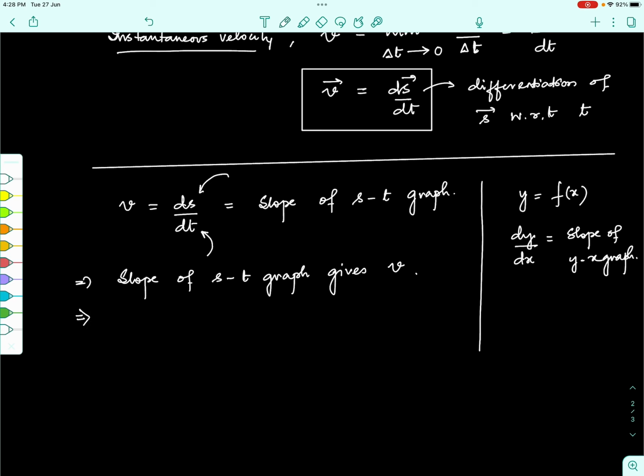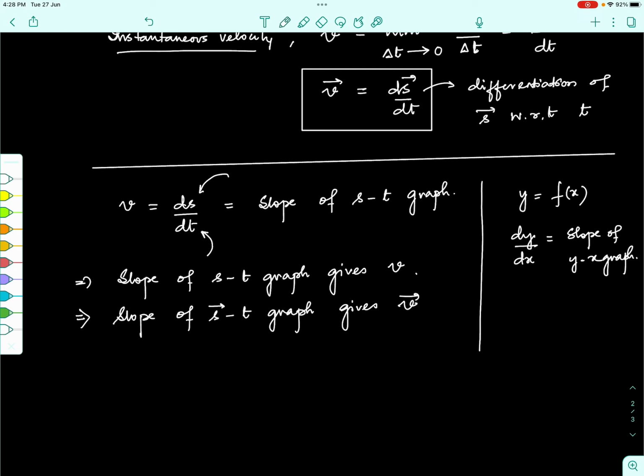In case of velocity, we would be looking for the slope of the displacement time graph instead. So, the slope of the displacement time graph gives the velocity v, not the speed but the velocity.